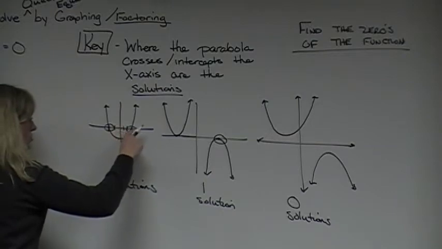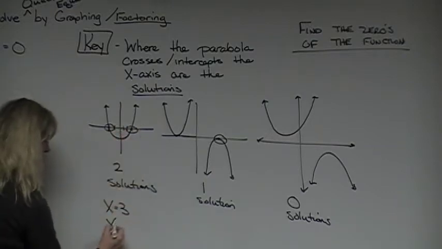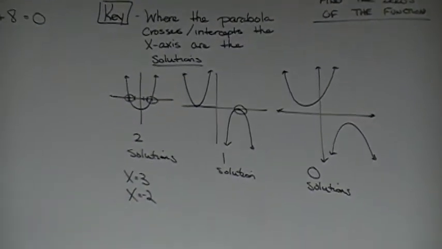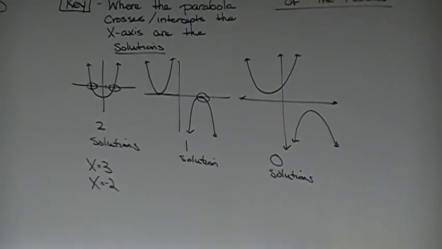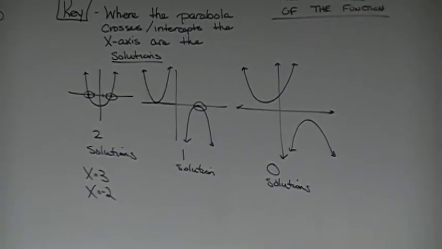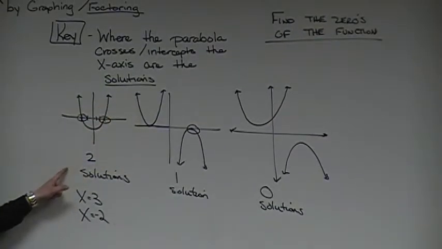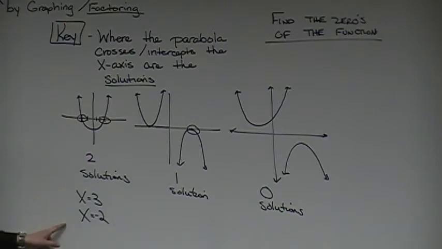Three. So x equals 3 would be one solution. What would the other one be? Negative 2. If I asked you what the actual solutions were, you would figure out where the parabola crosses the x-axis. I already knew I had two solutions because I crossed at two points, but now I know exactly what they are: x equals 3 and x equals -2.